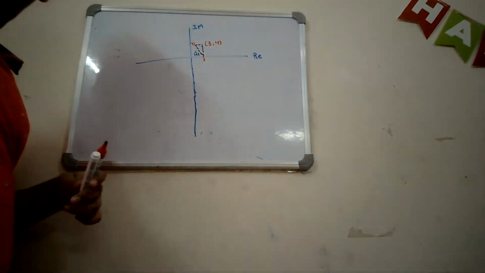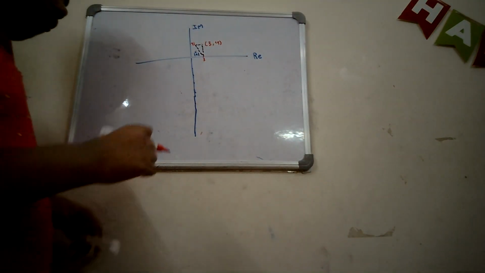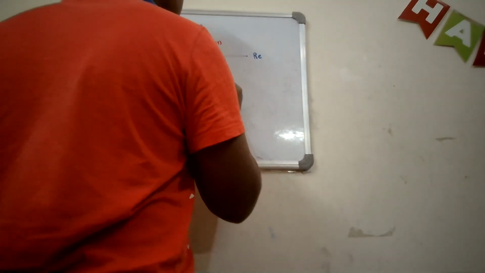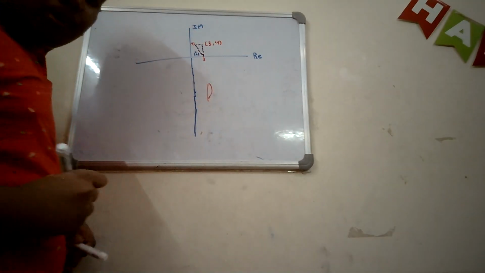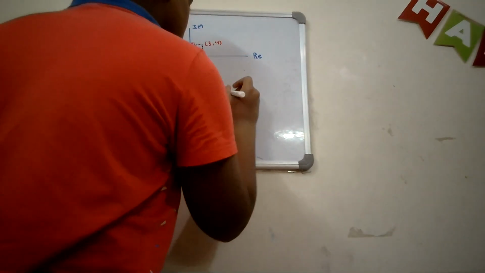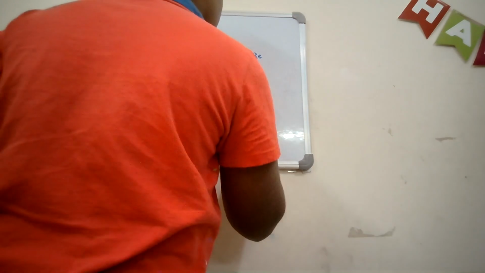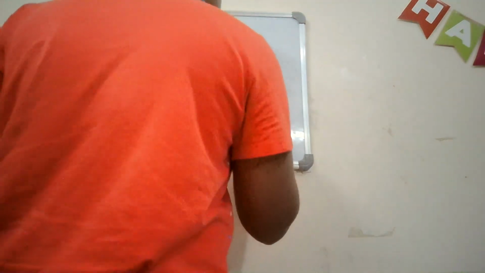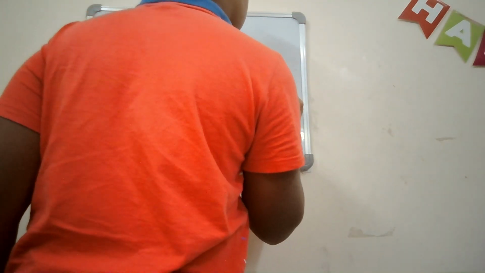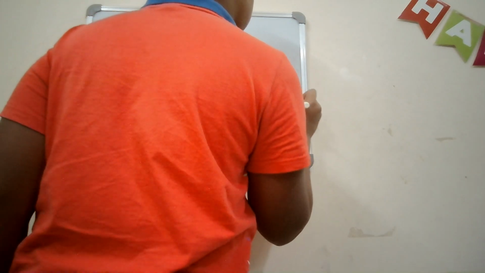Okay, look. So then we have 2 points. The distance between the 2 points would be the square root of x2 minus x1 squared plus y2 minus y1 squared.